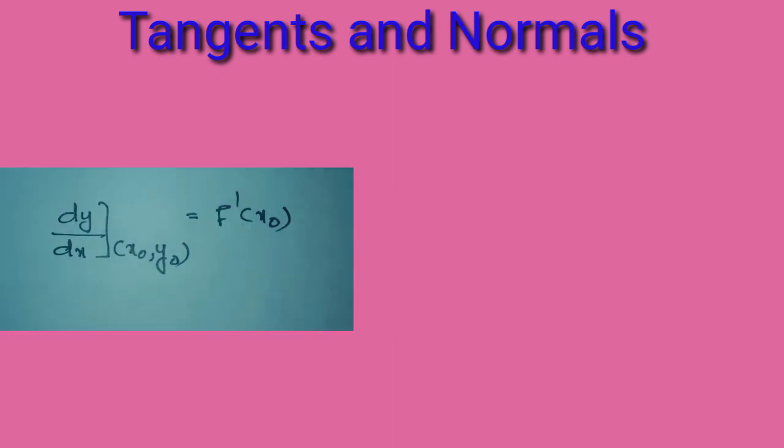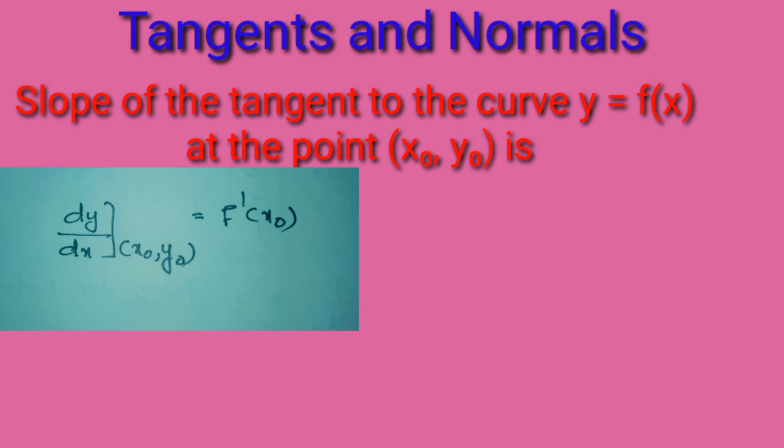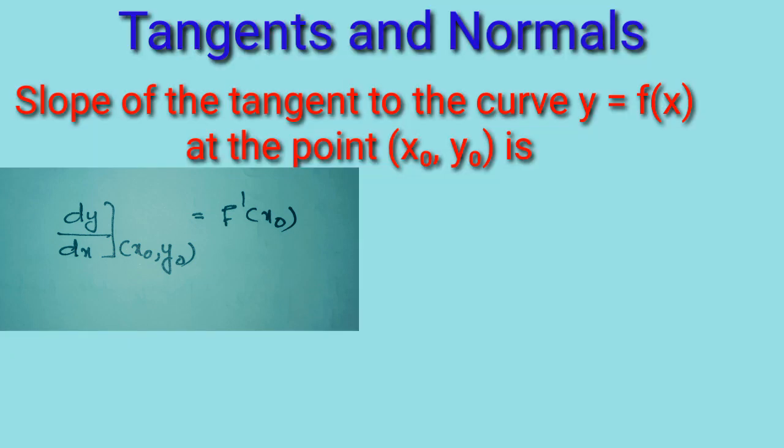We know that the slope of the tangent to the curve y equals f of x at the point (x0, y0) is dy by dx at (x0, y0), which is equal to f dash of x0. We can find the slope with dy by dx.